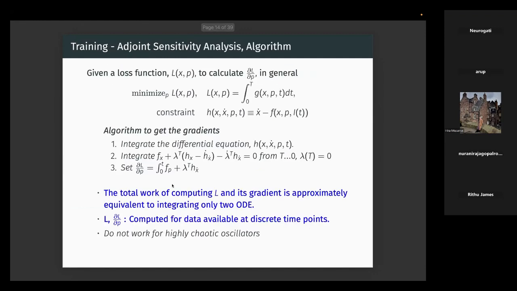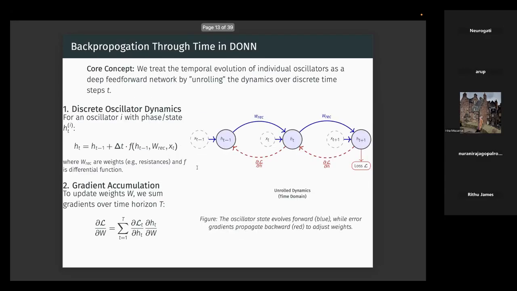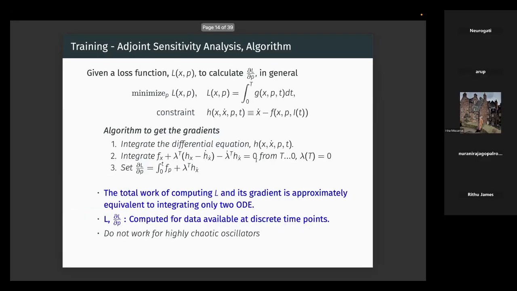There is an alternative method, which is a bit more mathematically involved, called adjoint sensitivity analysis. What they do here, instead of doing this time series one after the other, is integrate two differential equations, given by equation 1 and 2, and the gradients can be calculated very fast. That's the idea. The advantages of this method are that it is memory efficient, it is time efficient, and it can calculate the gradients in a very parallel fashion.